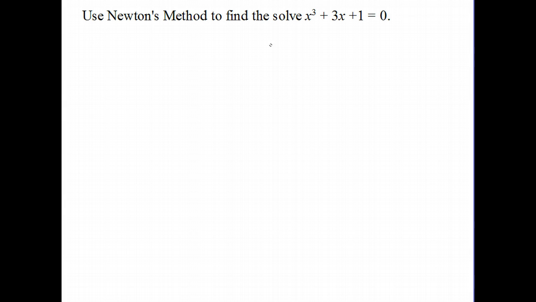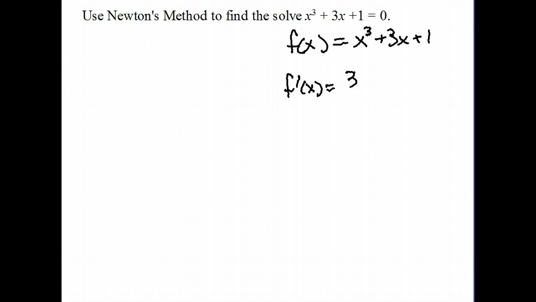In order to do that, we need to know the function, which is simply x cubed plus 3x plus 1, and the derivative of the function, f prime, which is equal to 3x squared plus 3.